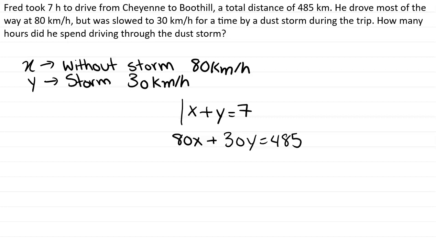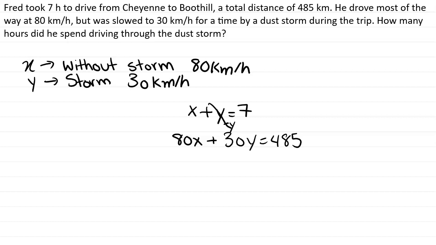Now we rearrange this equation to get the value of one variable. In this case, let's get the value of x. So here we have to subtract y, because subtraction is the inverse operation of addition.